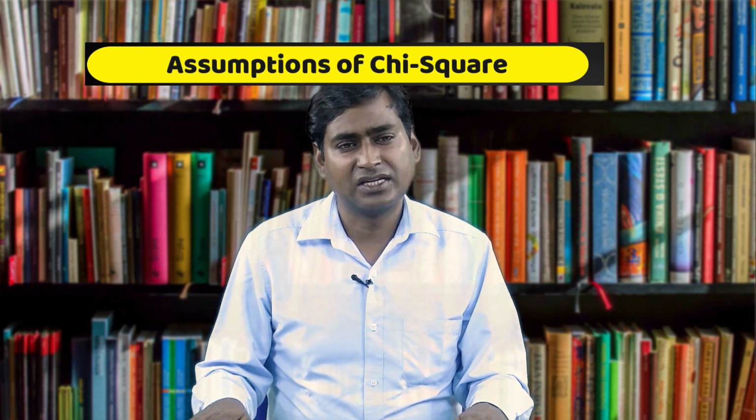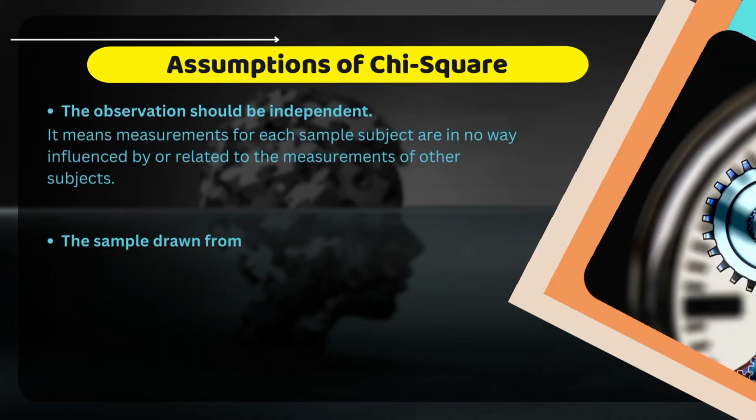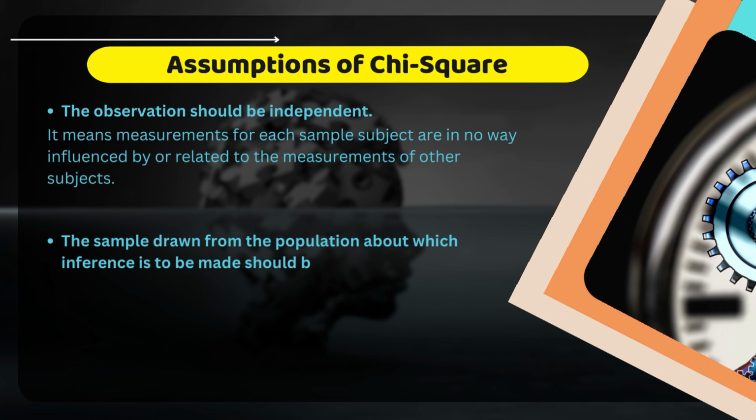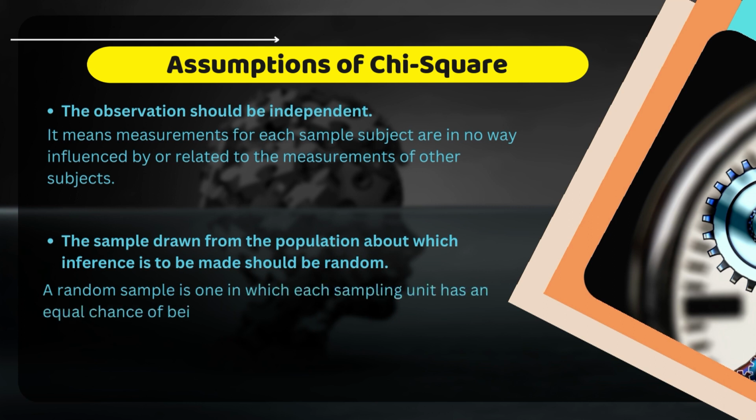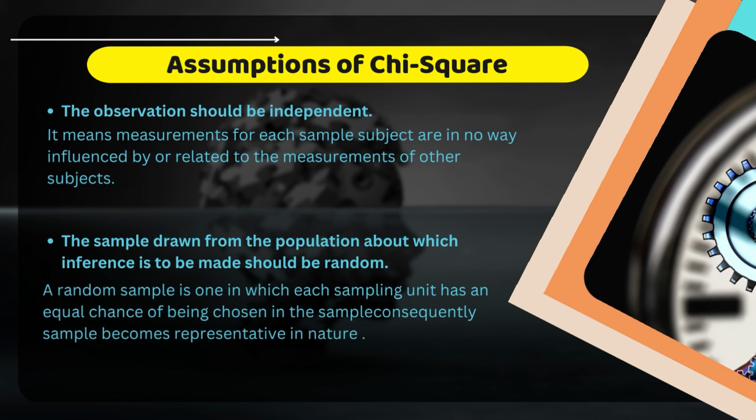Next assumption of chi-square test is the sample drawn from the population about which inference is to be made should be random. A random sample is one in which each sampling unit has an equal chance of being chosen in the sample. Consequently, the sample becomes representative in nature.